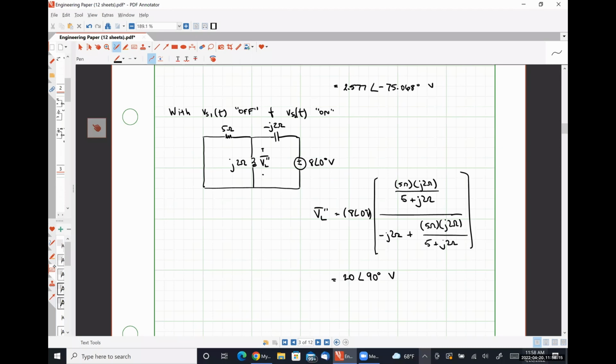That's exactly what we have to do. We cannot add the phasors together. We can only add the time domain representations together. You're 100% correct there.